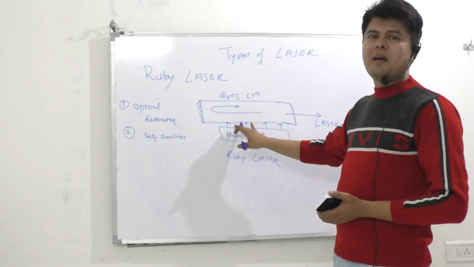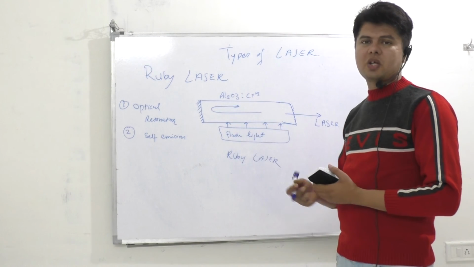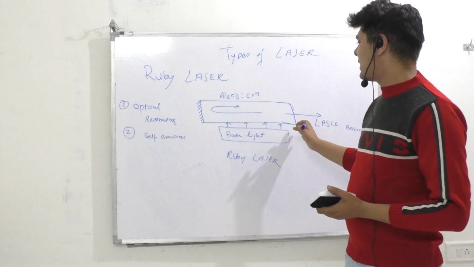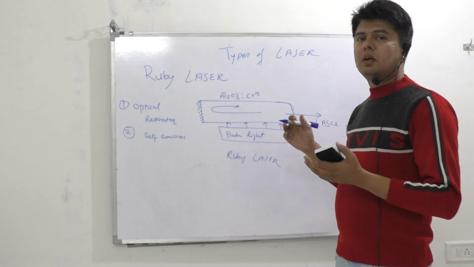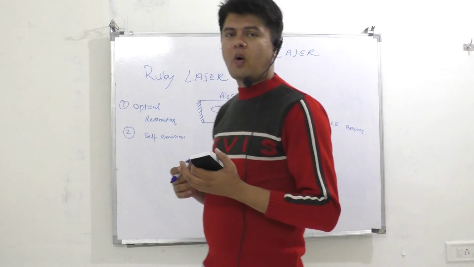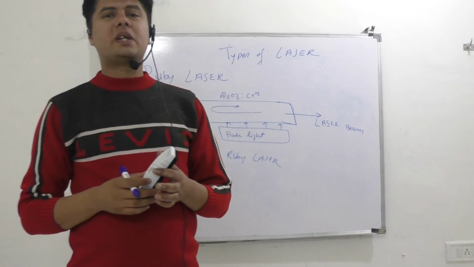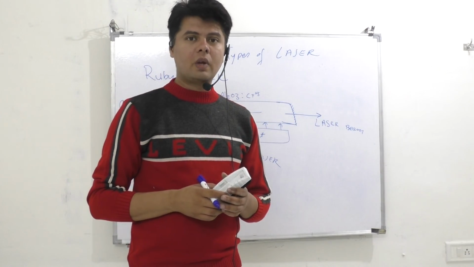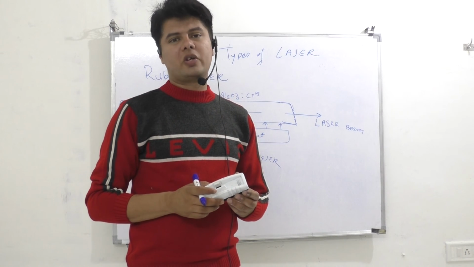The left hand side mirror is completely polished, and the right hand side mirror, which is also called the mouth of the laser, from which the optical beam will escape, is partially polished.